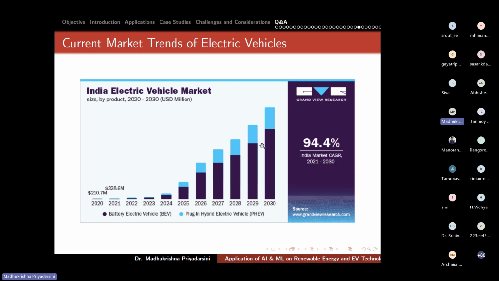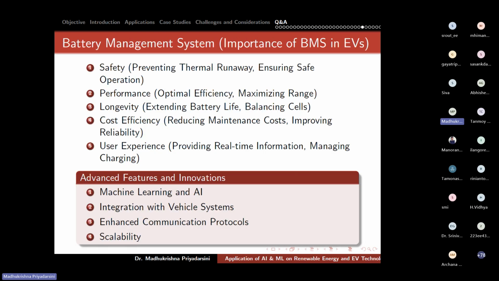You already know, better than me, how electric vehicles work, so we are not going to discuss the internal details here. Rather, we'll discuss how we can implement AIML in electric vehicles.